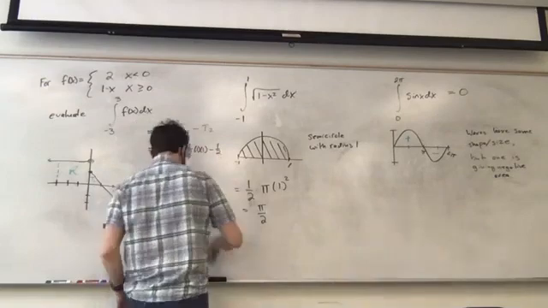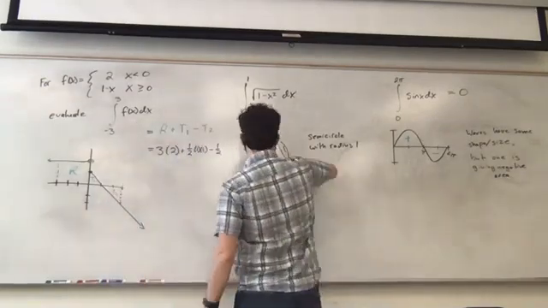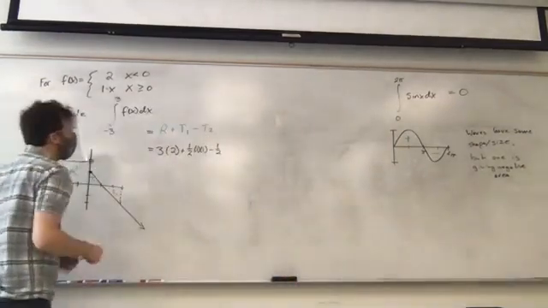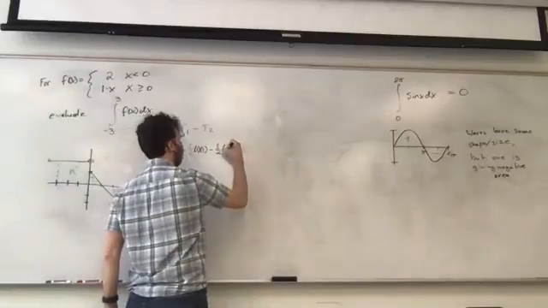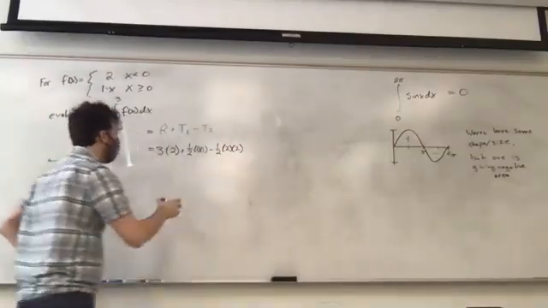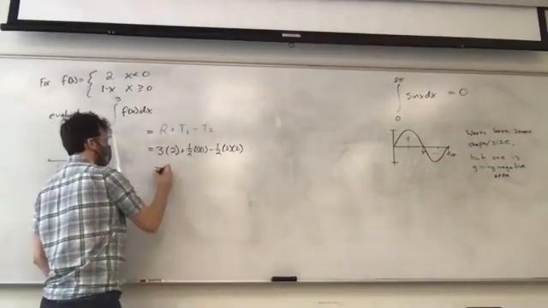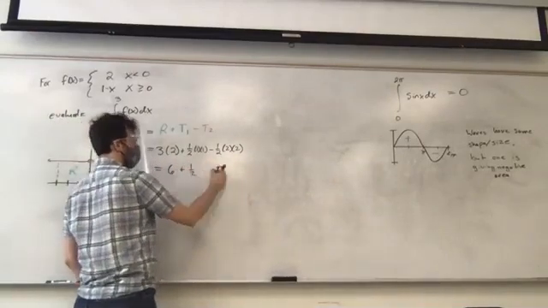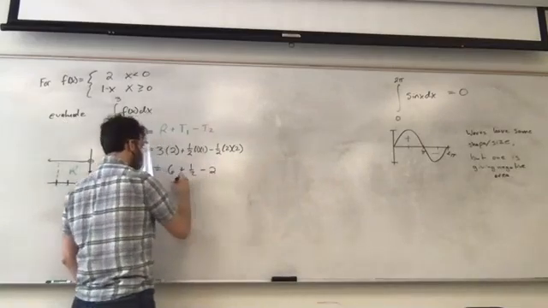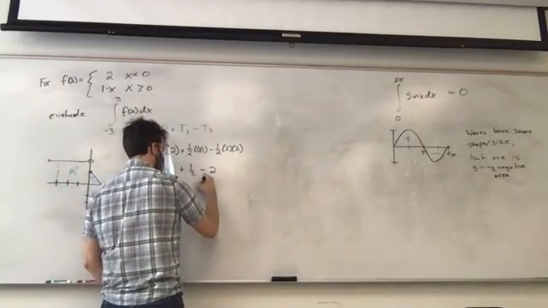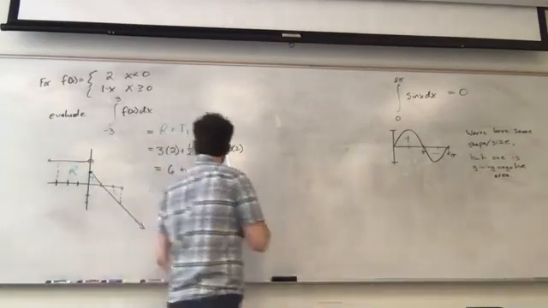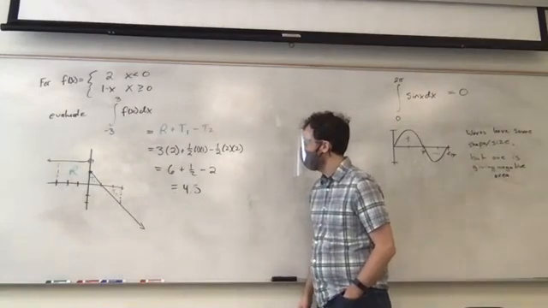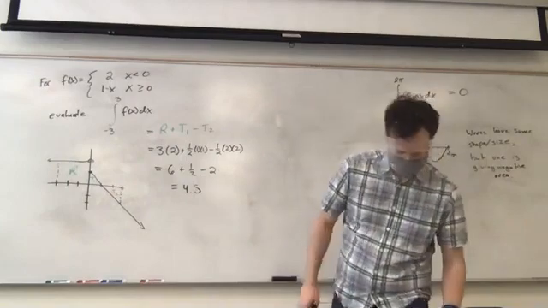So we get 1/2 base times height, which is 1/2 times 2 times 2. And actually calculating these numbers, we get 2 times 3 is 6. This is plus 1/2. The last one, the 2's cancel to be -2. And so this is 4.5, or 9/2 if you want a fraction.